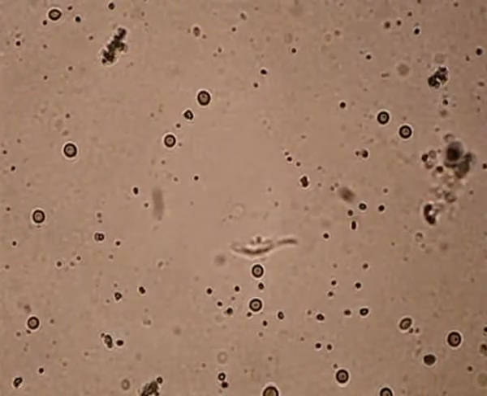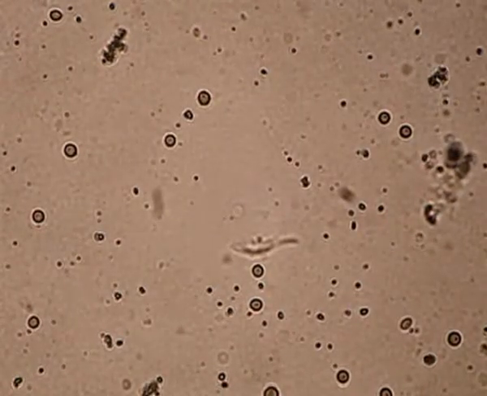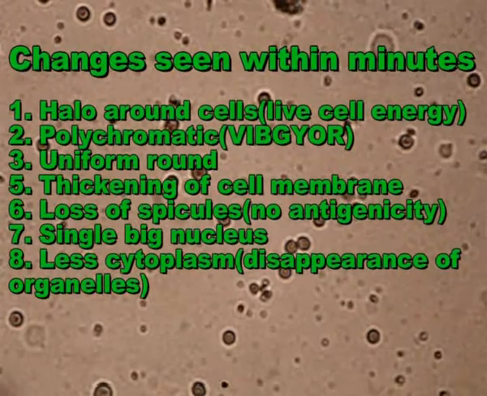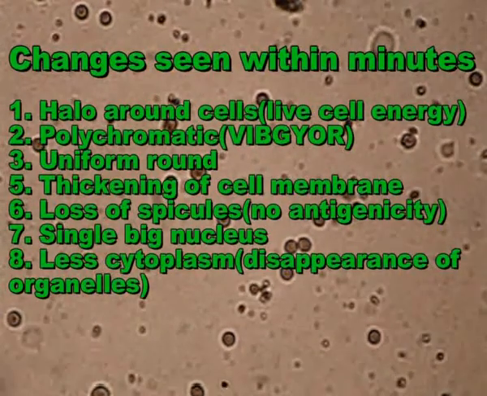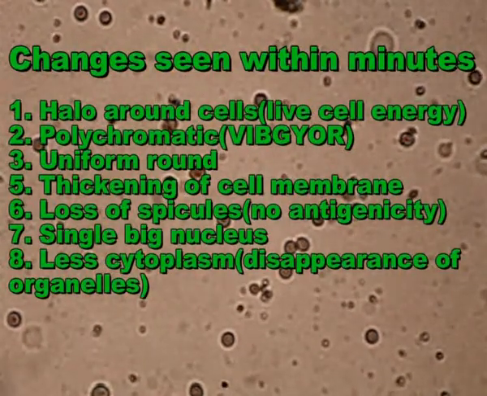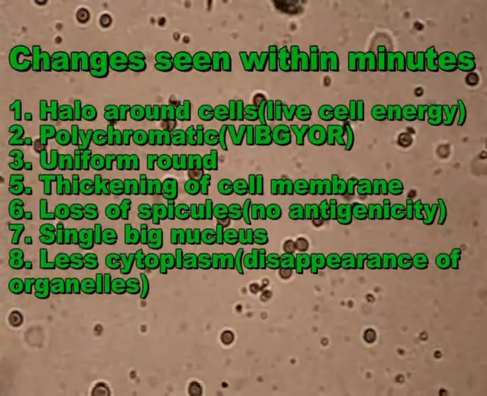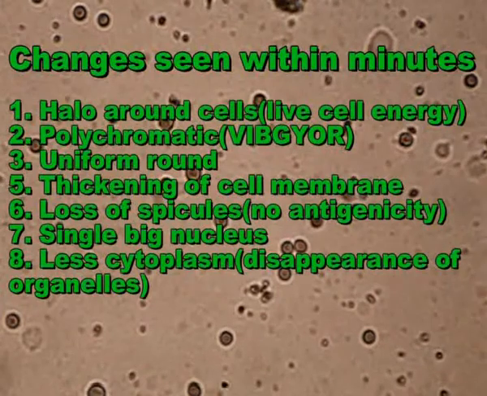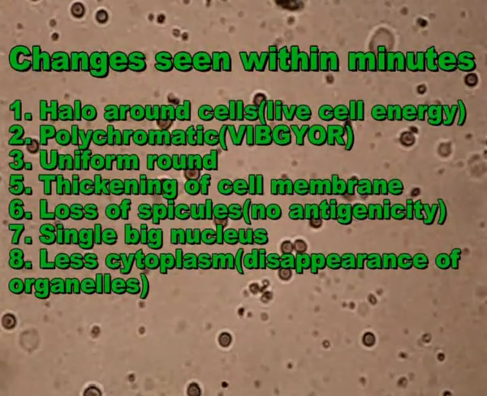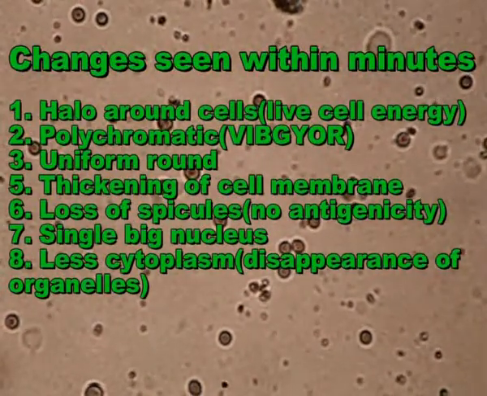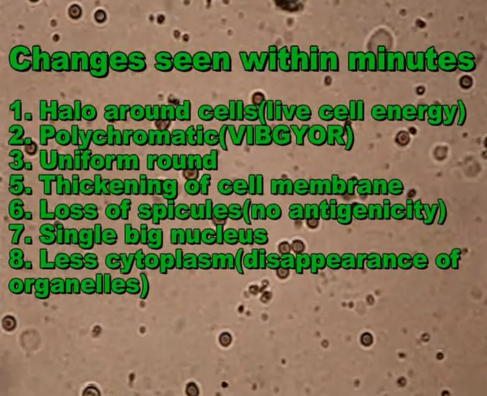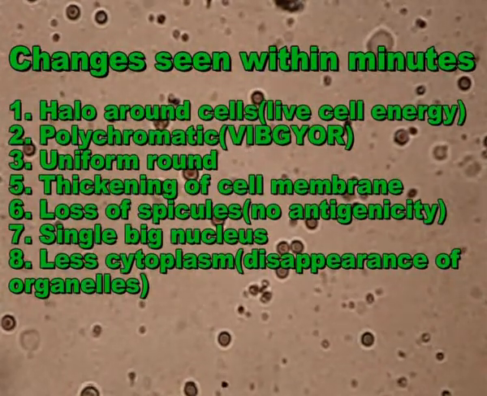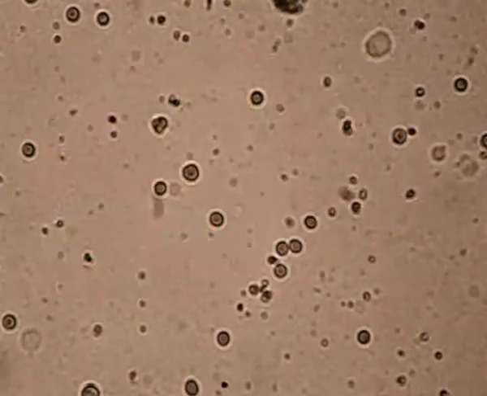Let's get into the details of the changes seen within minutes. The halo around cells, live cell energy, polychromatic, VIBGYOR, uniform round, thickening of cell membrane, loss of spicules, which means no antigenicity, single big nucleus, less cytoplasm, which clearly shows disappearance of organelles.